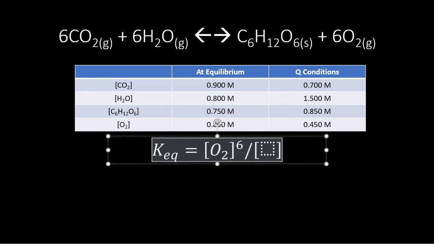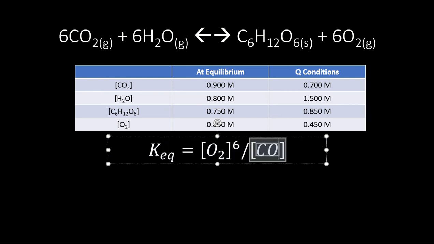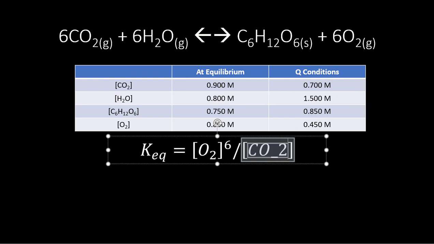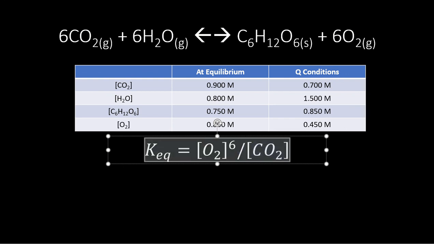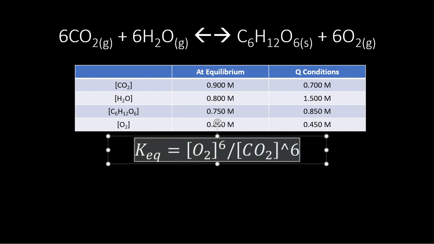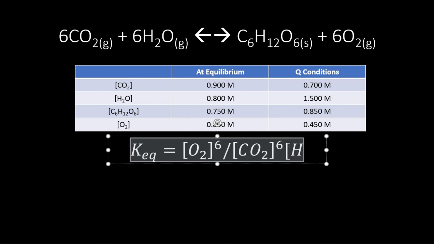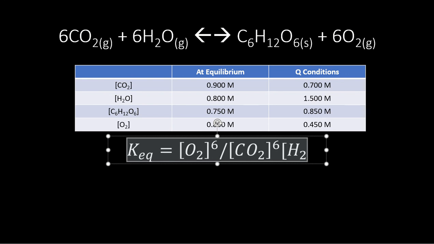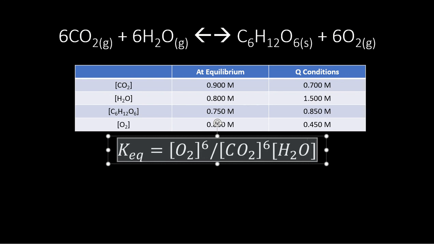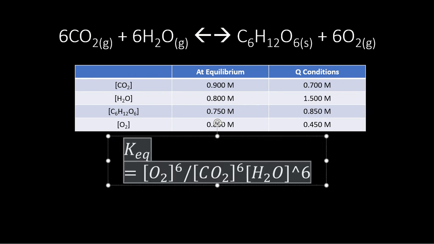Now then, we do in fact care about carbon dioxide in the denominator, because it is also in the gas state, and we will raise it to the 6th power. We will also factor in water's concentration, since it is not in the liquid state, and its stoichiometry is 6.